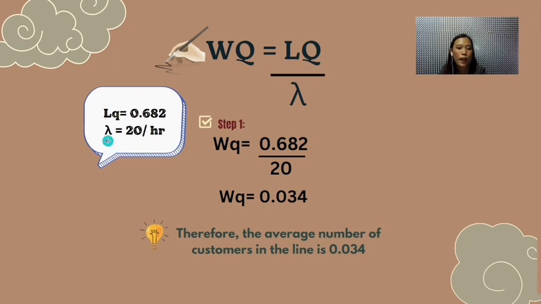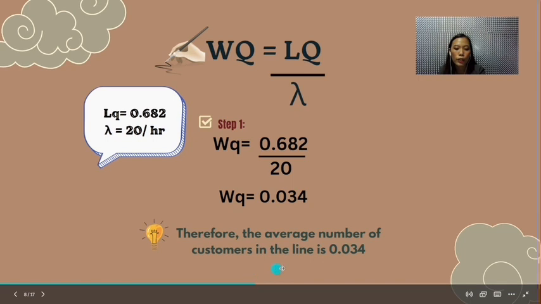And then, the lambda, based doon sa given problem, is 20 per hour. So, Wq is equals to 0.682 over 20. Kapag dinivide natin yan, ang kalalabasan ay 0.034.